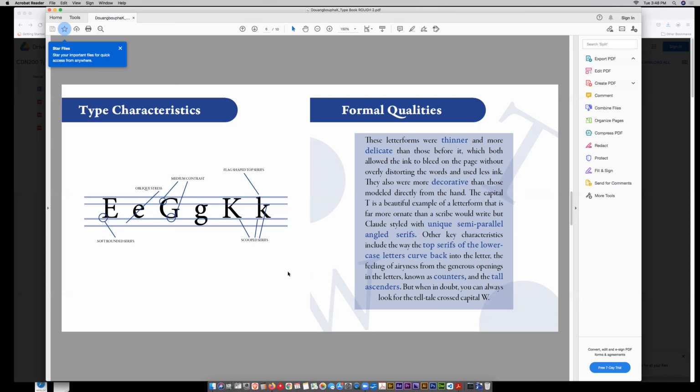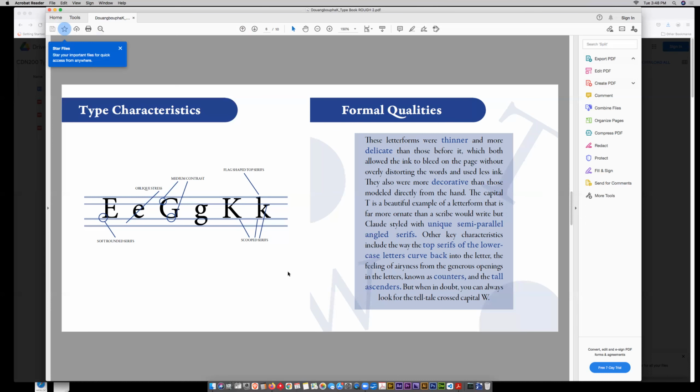Let's see. These letter forms are thinner and more delicate than those used before it, and both allowed ink to bleed on the page without overly distorting the words, and use less ink. They were also more decorative than those modeled directly from the hand. The capital T is a beautiful example of a letter form that is far more ornate than a scribe would write, but Claude styled it in a unique semi-parallel angled serifs.